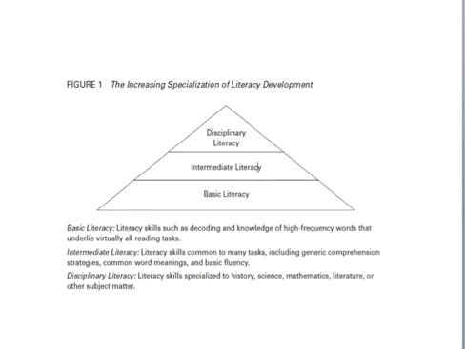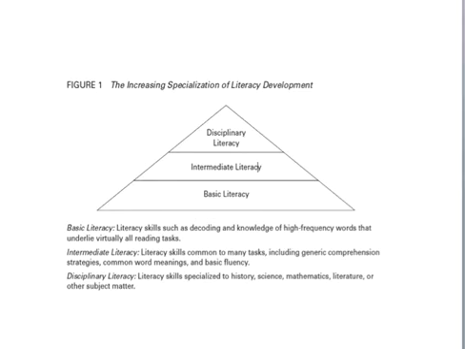So let's look at Shanahan and Shanahan's thinking about literacies and the image on this slide, which is a hierarchy of literacies. As you can see on this slide, the figure illustrates the relationship among the different levels of literacy in school. Basic literacies include those general skills that children need to read, including the ability to decode and knowledge of high-frequency words.